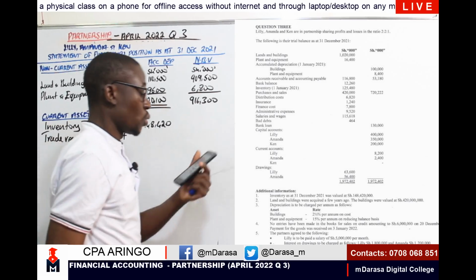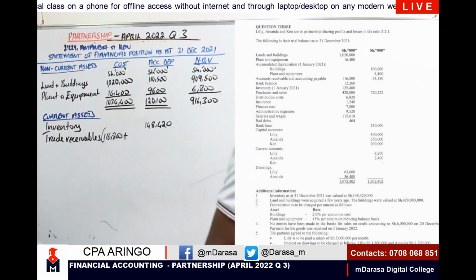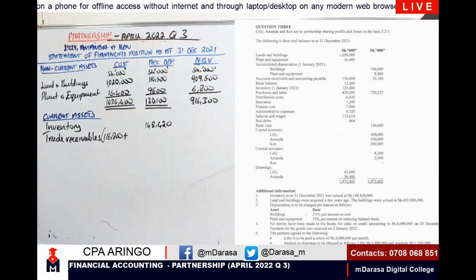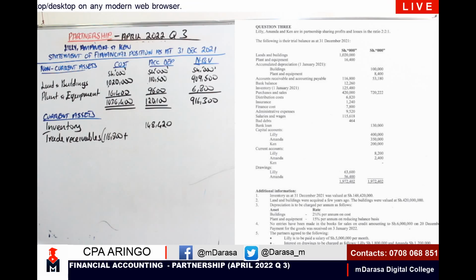But recall there was note number 4 where there were entries of credit sales which had not yet been recorded. So therefore we need to record it. We need to add the 6,000. So plus 6,000 here. Just a moment, and we see what we'll have.